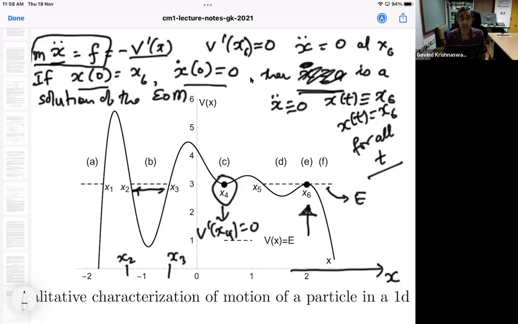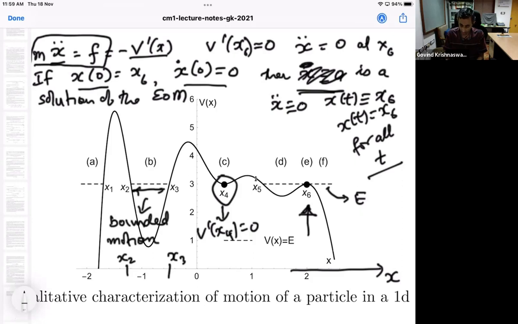And this is a bounded motion because the particle's position remains bounded between x2 and x3.